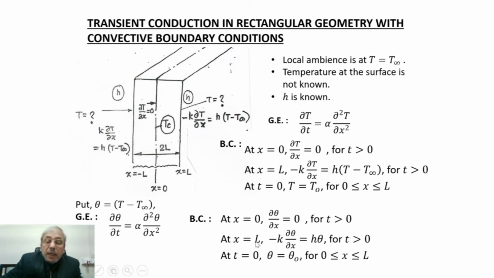At x equal to L, minus k del theta del x equals h into theta, the convective boundary condition, again for time greater than 0.